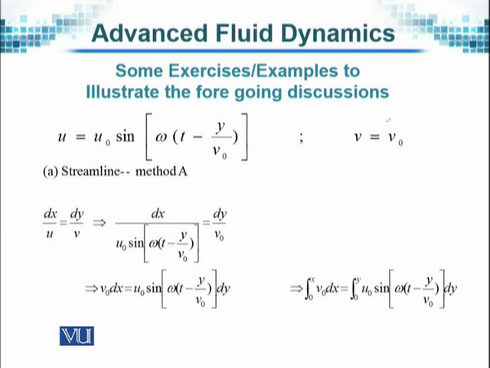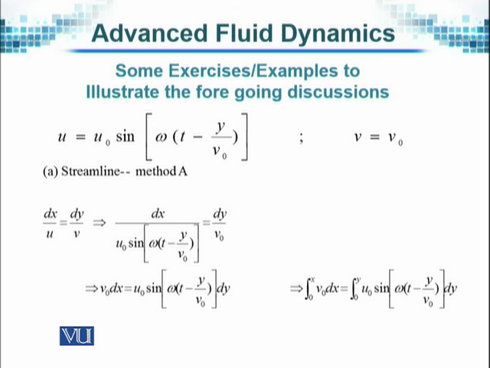I write these equations here again, and then when we try to find the streamline, first we can use this. When we are trying to differentiate or integrate, there are a few different methodologies that we can use and still end up with the same result. Here it is shown with one method.